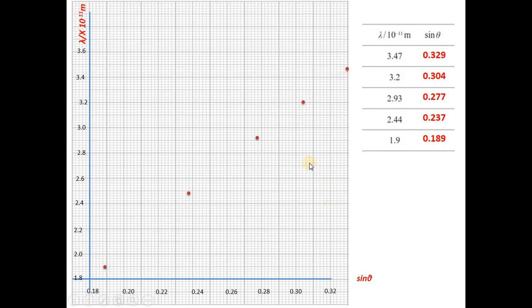This is quite easy. If you plot the line of best fit, this is some kind of line of best fit, and you can see that this point is slightly above and this point is slightly below. The rest of the points are approximately on the line. So this is almost your line of best fit.